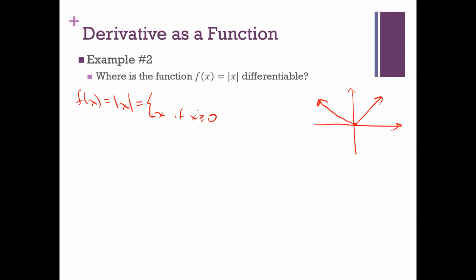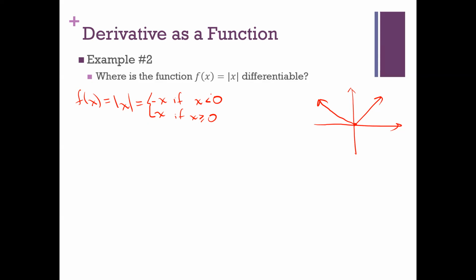If I give it a negative number, it gives me a positive number. If I give it -1, it'll give me 1. So basically, this function gives me -x if x is less than 0.